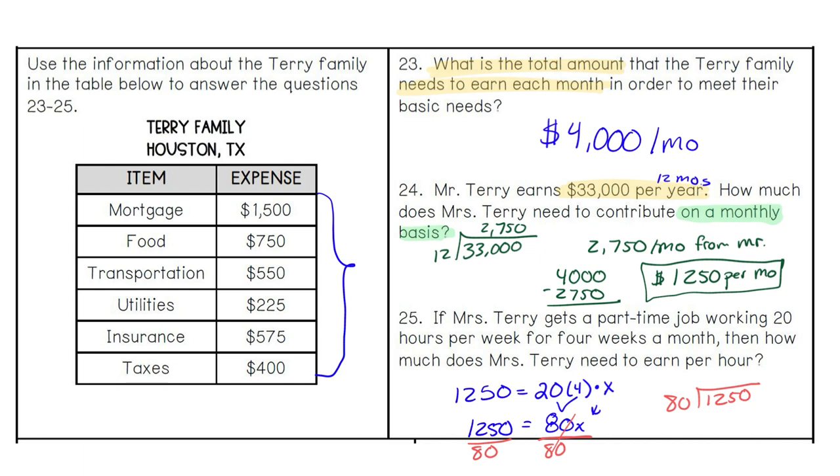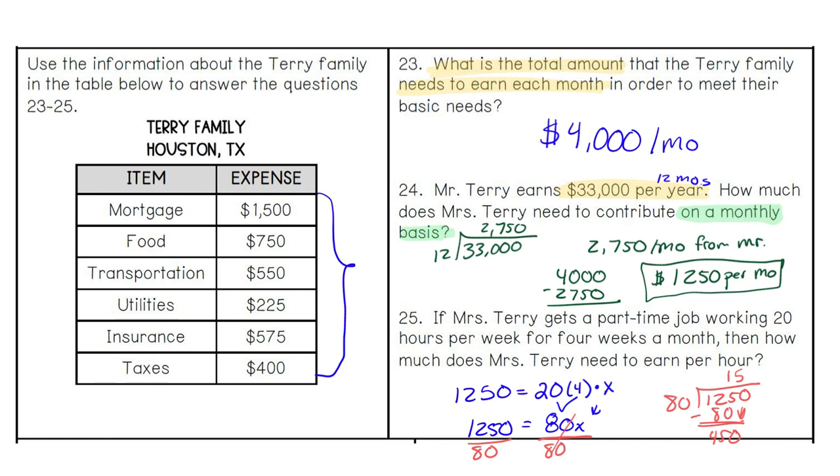80 can't go into 1, 80 can't go into 12, but 80 can go into 125. It goes in 125 once, 80, and then I subtract. That gives me 45. Bring the 0 down. 80 goes into 450 5 times.